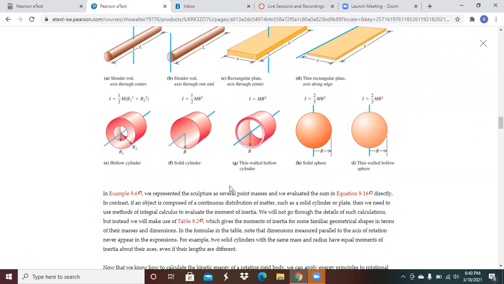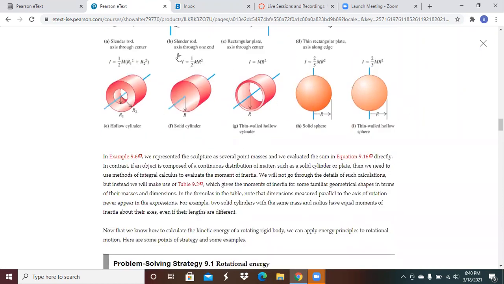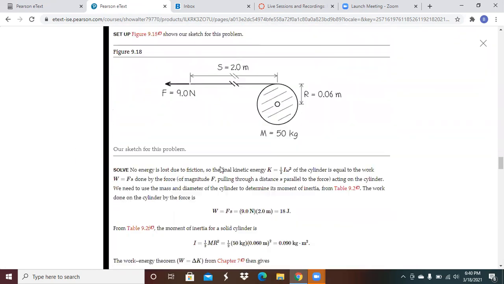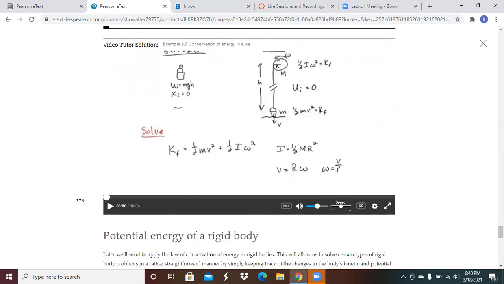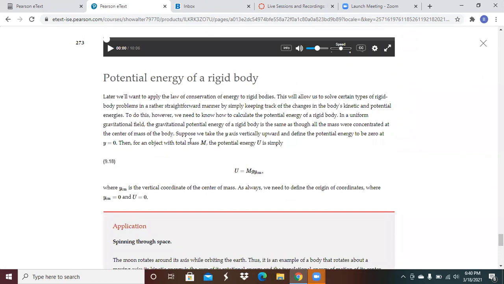And you can come up with all kinds of things that you never even thought of before class started today. These are the kinds of things that will come about for values for a moment of inertia. So anyway, we've got a few more problems to work through. But let's go down to potential energy for a rigid body.